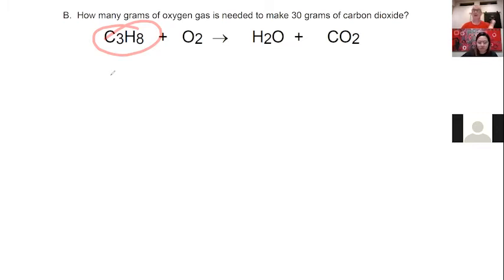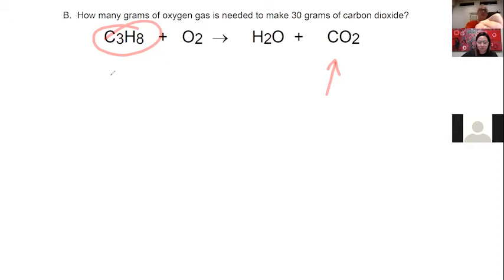So the trick to balancing these, I think most of you figured it out. I could have made it more difficult if I had put an even number of carbons. The trick to balancing these is to balance the carbons first, because the carbon in the reactant only goes to one place. It only goes to make carbon dioxide. So that one you can balance pretty easily.